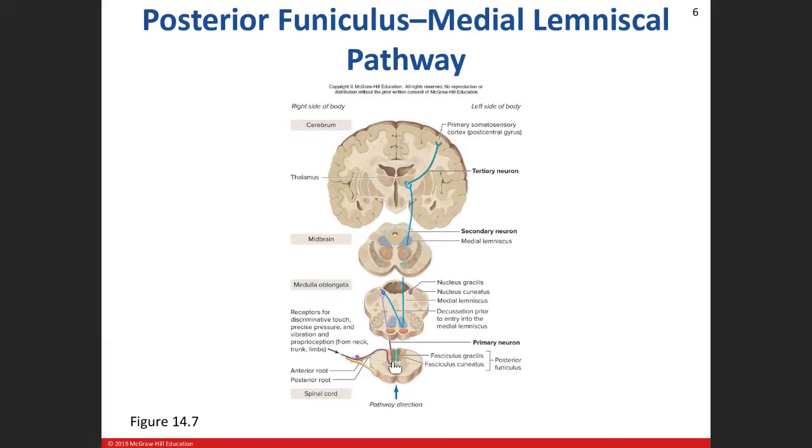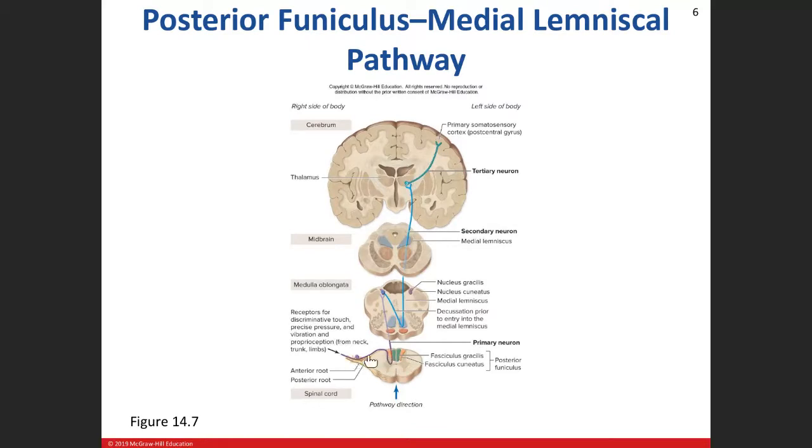So basically, any information in your lower extremities, the lower portion, pretty much below your belly button, is going to travel in the fasciculus gracilis here. Any information that comes from your upper torso, and also from your upper extremities, is going to come from the fasciculus cuneatus on the lateral portion, okay?